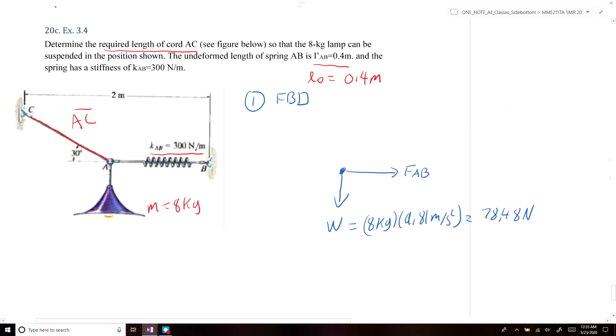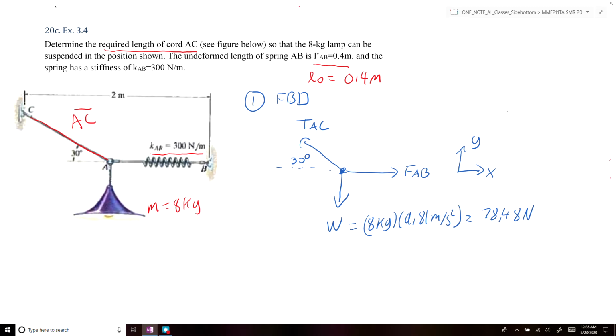All right. We have our force that goes from point A to point B. All right. So that's along the x and y axes. And then we get the force from point A to point C, which is at 30 degrees. All right. So we have two unknown forces, TAC and FAB.